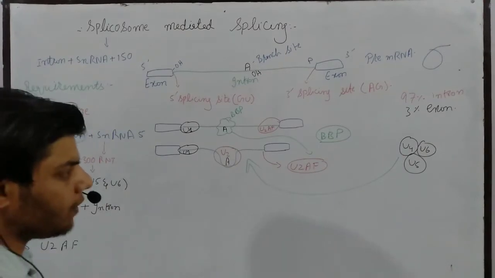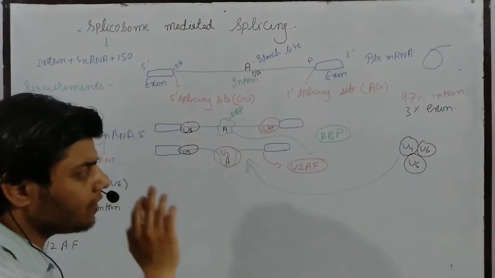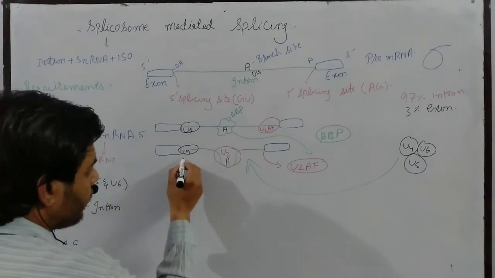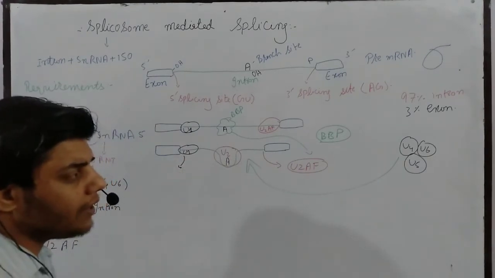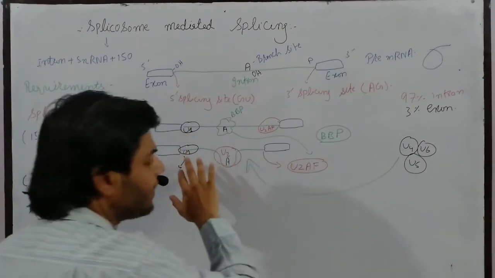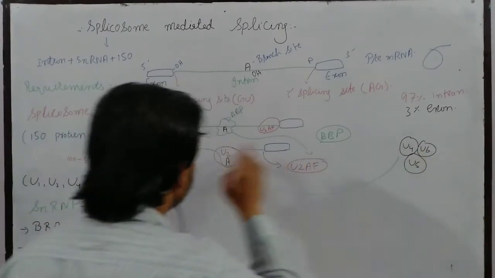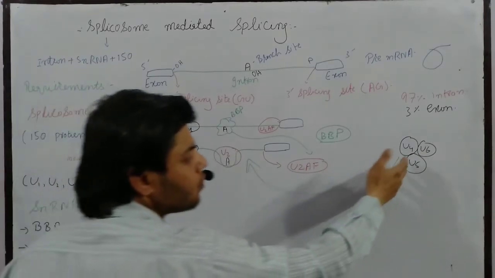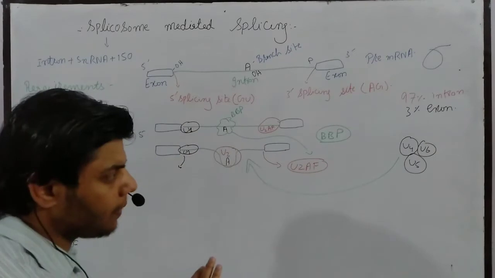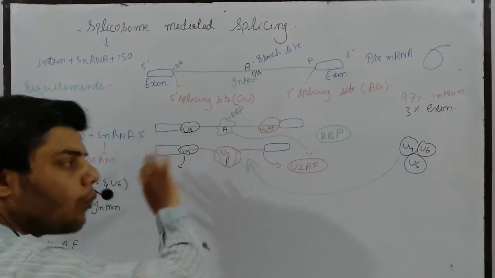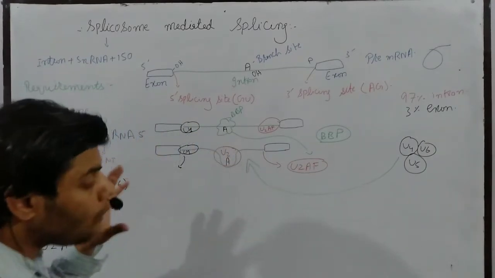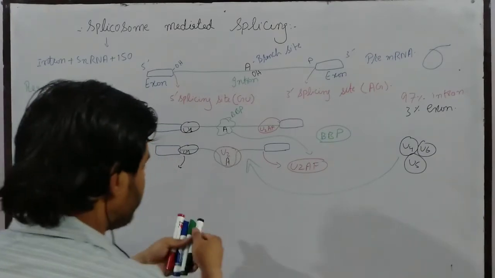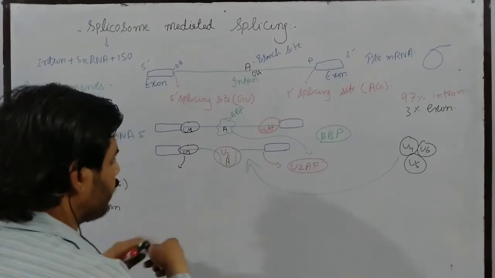So what actually happens? First of all, during this stage, U1 will get released. When U1 is released, the place of U1 will be occupied by U6. With this U6, U5 is already bound, and U4 is already bound. Let me write it here, then you will easily get the idea.